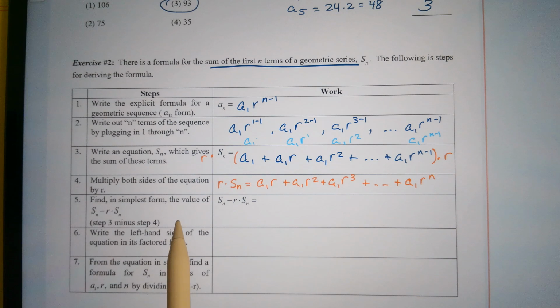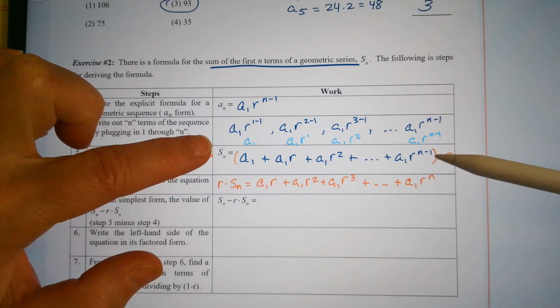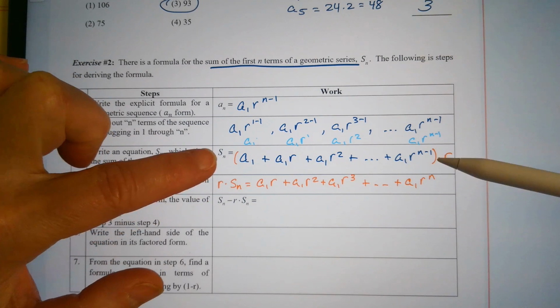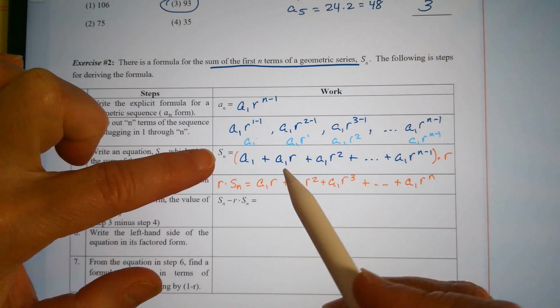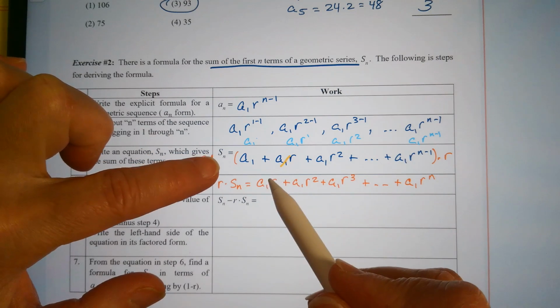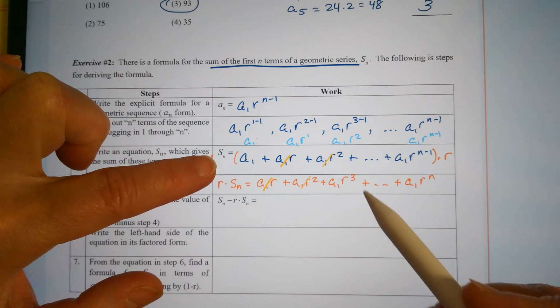Find in simplest form the value of s sub n minus r times s sub n. So I'm taking s sub n, this minus this. Look what happens here. This minus that, they go right out. Same thing here.